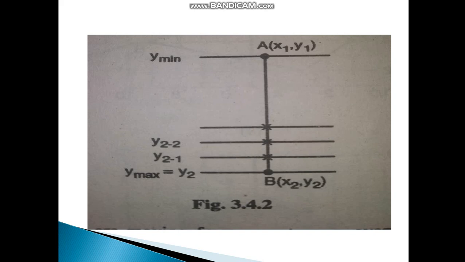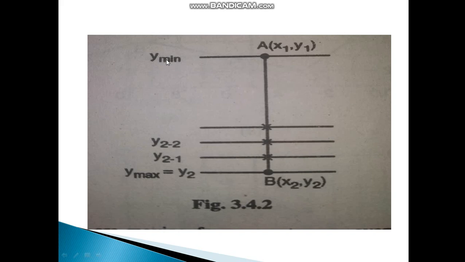Here is one figure, where there are points A and B and the coordinates are x1 y1 and x2 y2. This one is the y min and this one is the y max. These are the largest y value and the minimum y value.